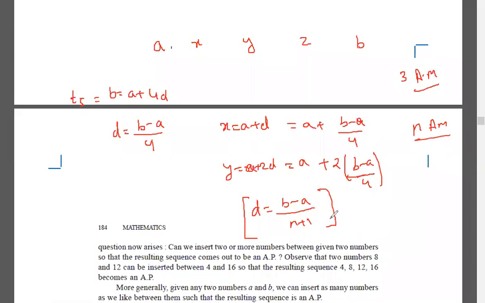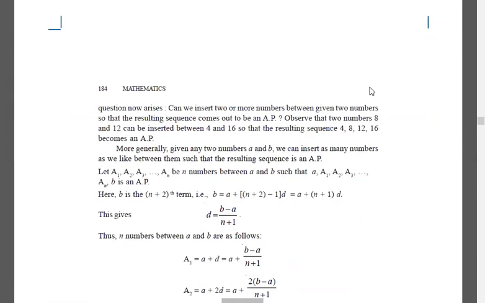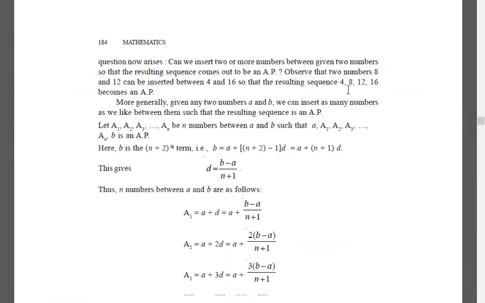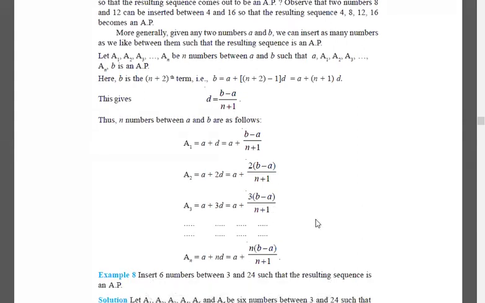Okay, guys? The first AM is A plus D, the second AM is A plus 2D, the third AM is A plus 3D. Now try to solve this problem.